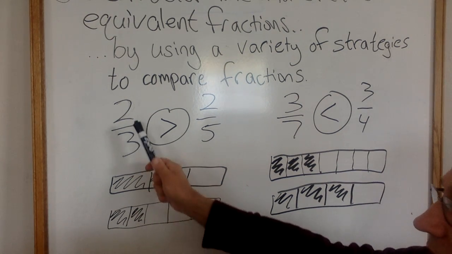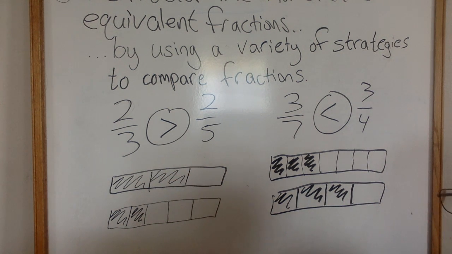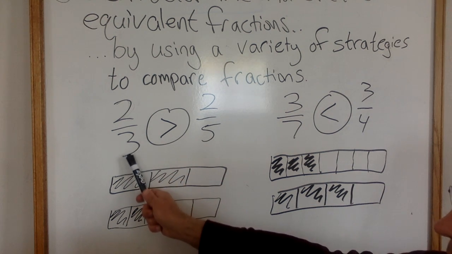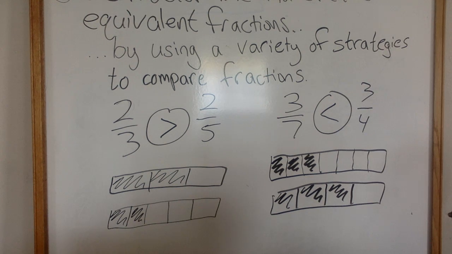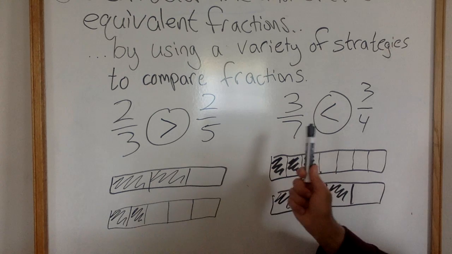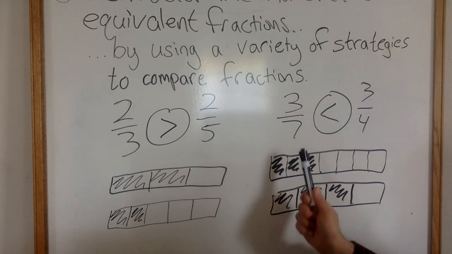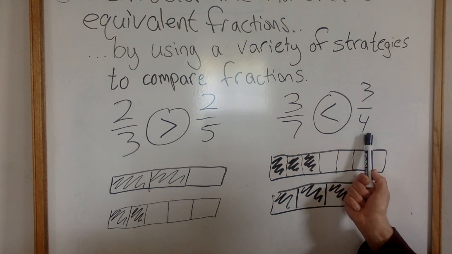So when you're comparing using the denominator, you do the opposite of the number. 3 is less than 5, so 3 pieces are going to be greater than the size of 5 pieces. Cutting into 3 pieces is greater than cutting into 5. Same here. Since 7 is greater than 4, cutting it into 7 pieces is going to make them smaller than cutting it into 4 pieces.